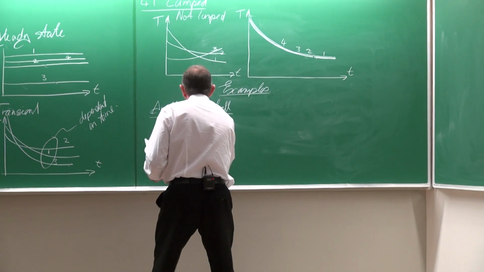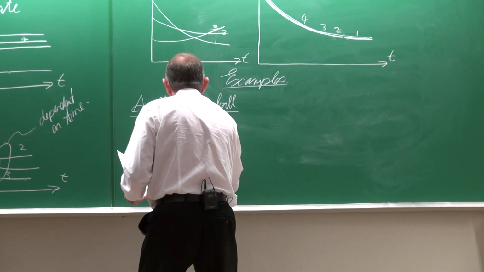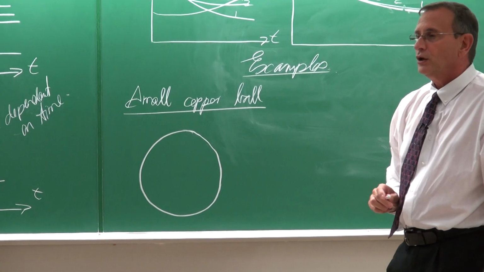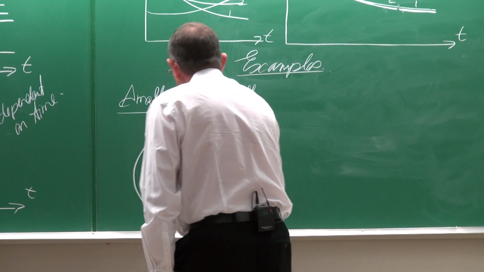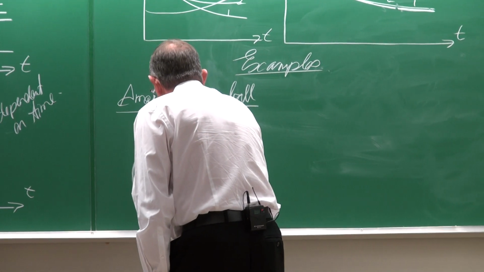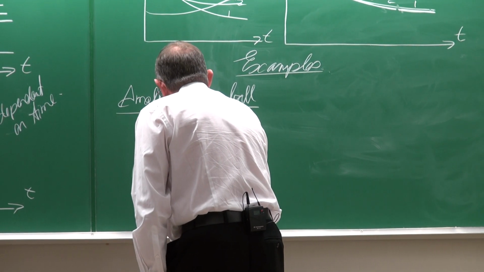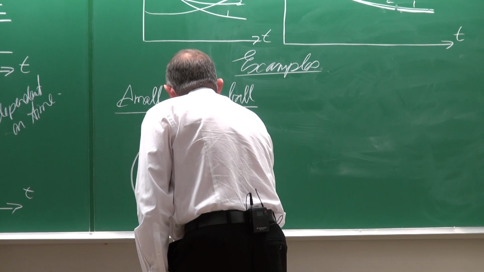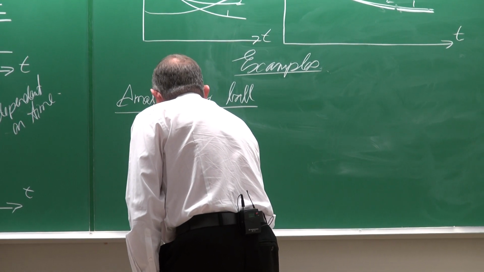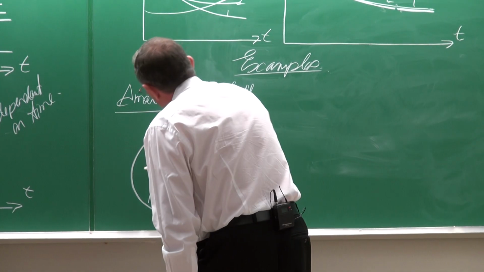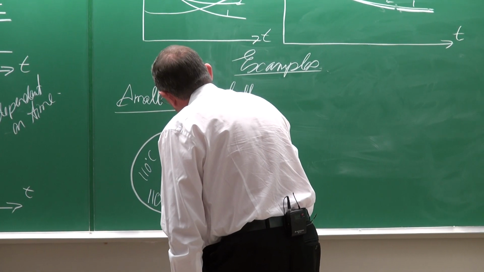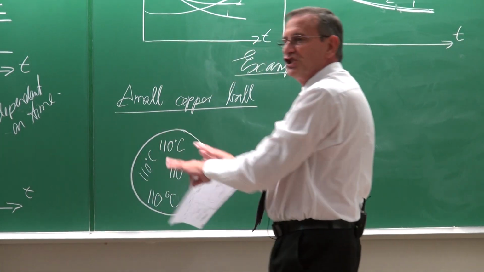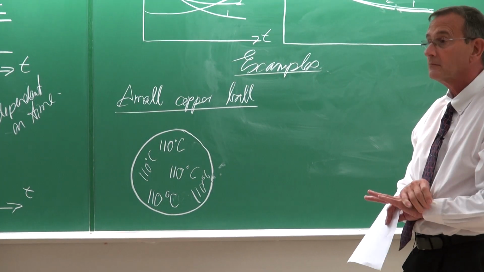If this is the small copper ball, and you would put it on a fire, and let's suppose the fire is at 110 degrees Celsius, then very quickly the temperature distribution inside this copper ball will be 110 degrees Celsius everywhere. There's no temperature changes inside the body.